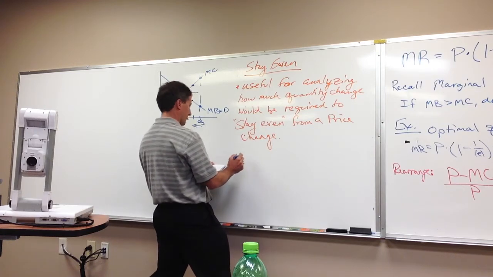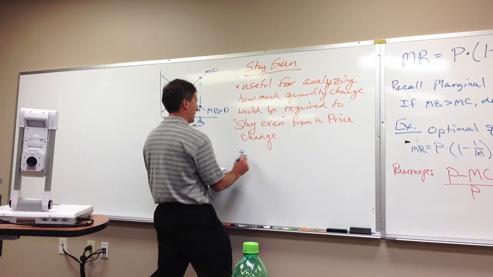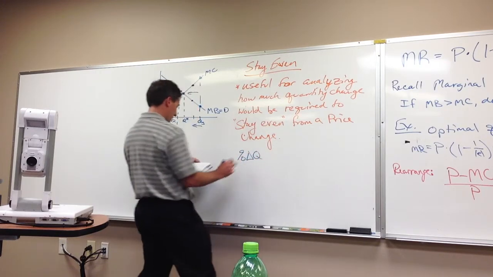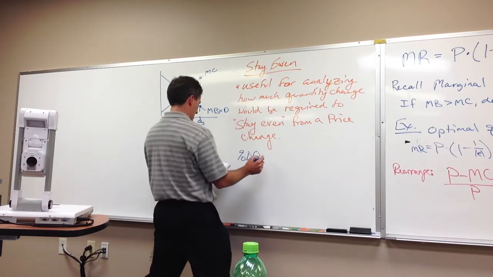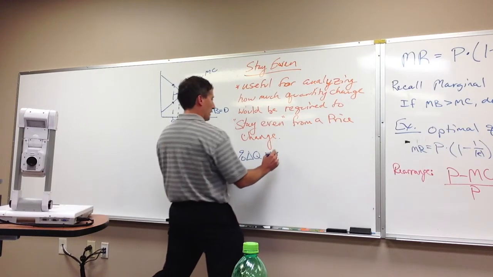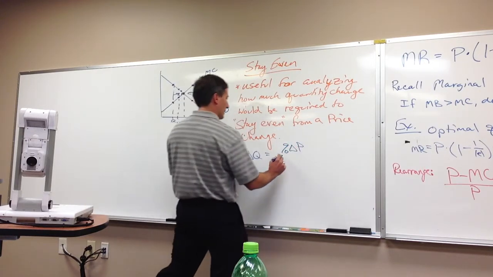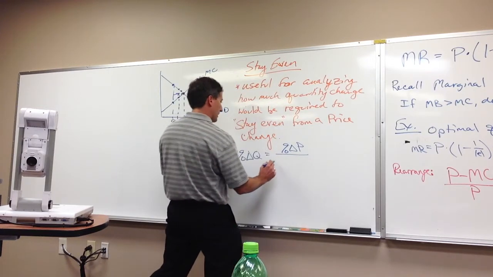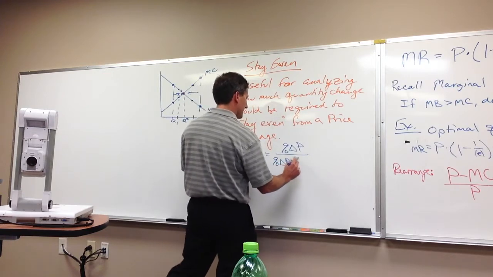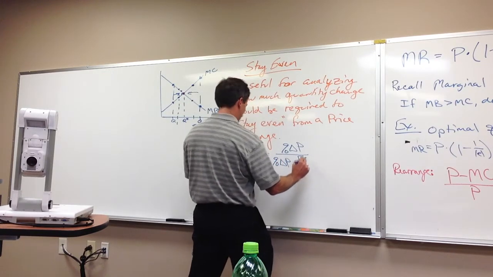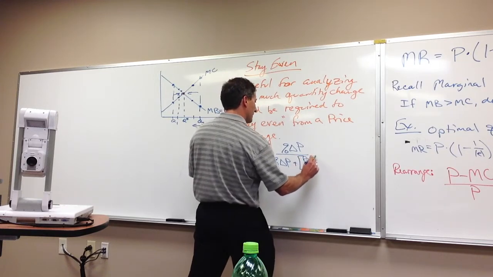I think I'm going to give it to you in all its glory. They do a kind of a two-step way here, but the percentage change in quantity needed to stay even is equal to the percentage change in price divided by the percentage change in price plus that markup little section, P minus marginal cost divided by price.